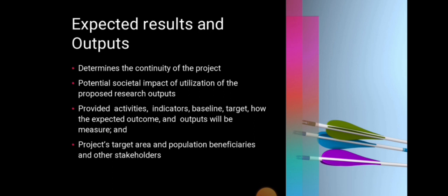Another point is expected results and outputs. On this part, we have to discuss and determine the continuation of the project, that means its continuity and sustainability. Potential social impact of utilization of the proposed research outputs.